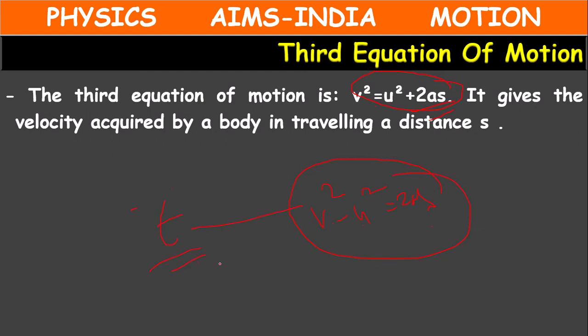In the absence of t, to find the relation between v, u, a, s, we will make use of this third equation of motion. It gives the velocity acquired by a body in traveling a distance s.